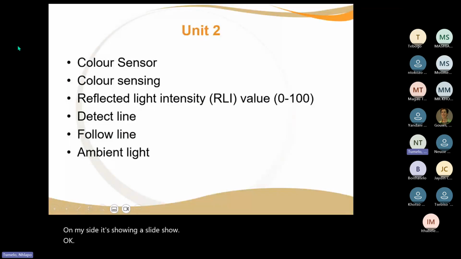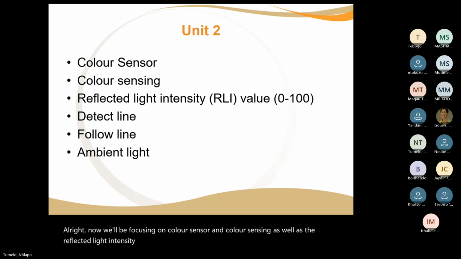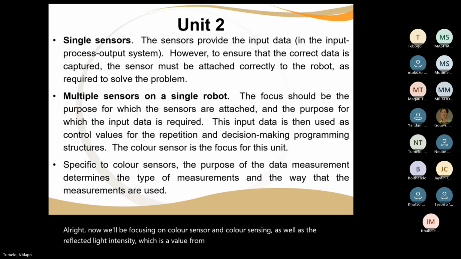All right. Now we'll be focusing on color sensor and color sensing, as well as the reflected light intensity, which is a value from 0 to 100. We'll detect the line as well as follow the line using reflected light. Basically here it says that the sensors provide the input data.